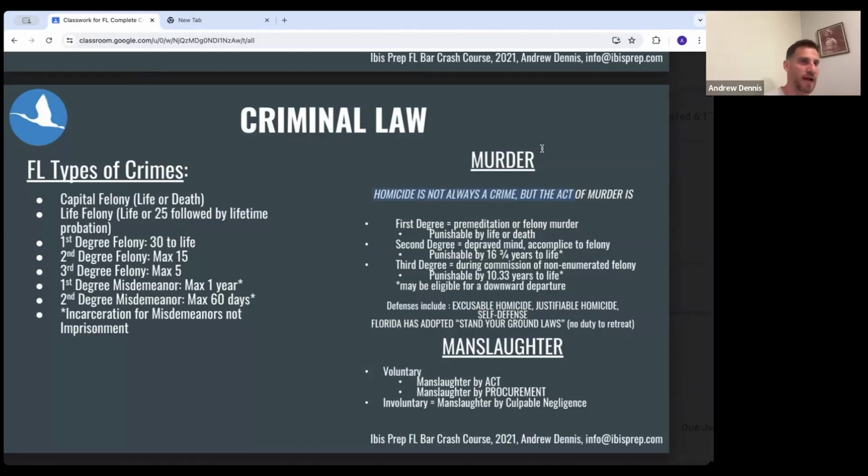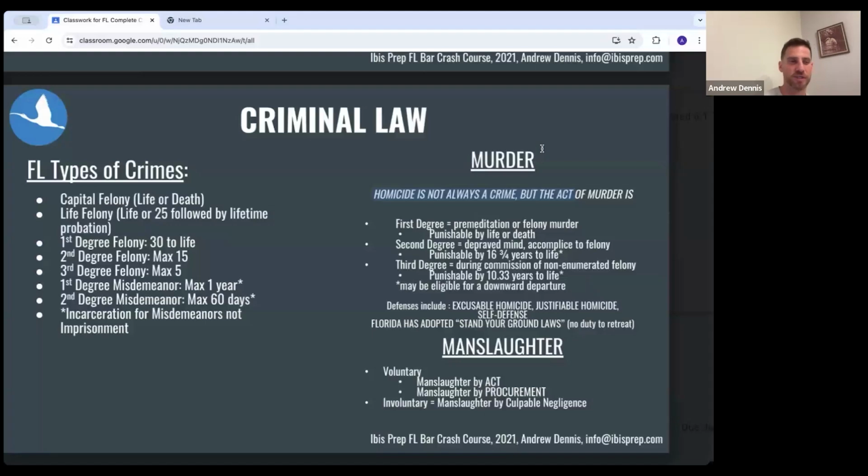Well, that would probably be adequate provocation. It could also be like imperfect self-defense. Someone is fighting you with their fists and then you defend yourself with the Colt 45, right? That might be a little bit imperfect, and that would constitute voluntary manslaughter.